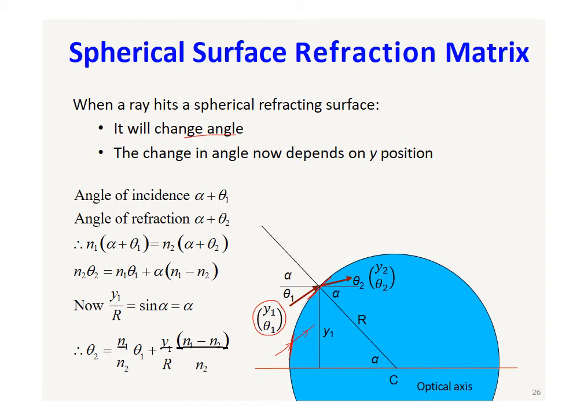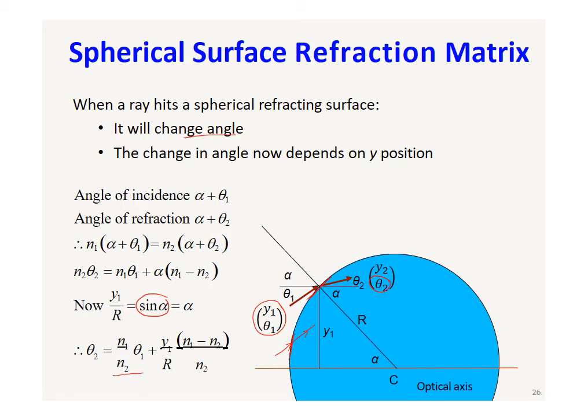Okay, it is relatively straightforward geometry plus a small angle approximation to show that the new angle we get, theta 2, is given by the ratio of the refractive indices times theta 1.